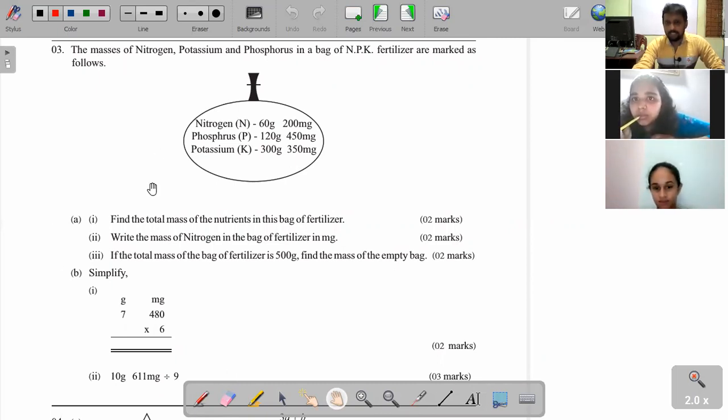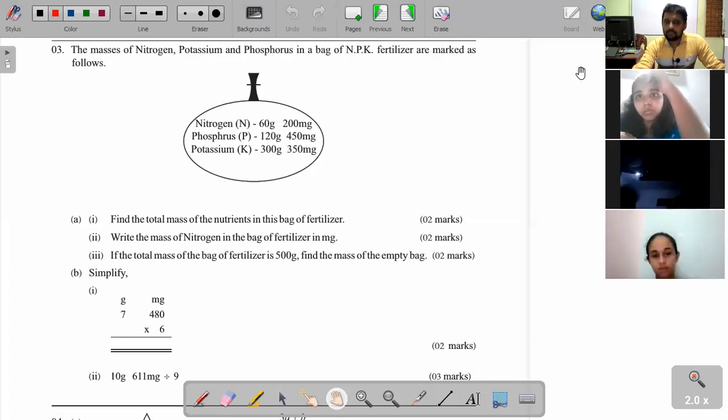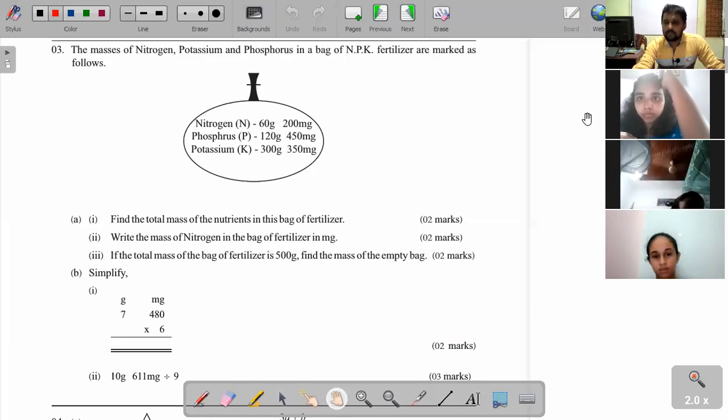You try to complete. Try to do it within the time I give you. Write the answers. Read carefully and check the answers. Right? Quickly. This question is related to the mass lesson.